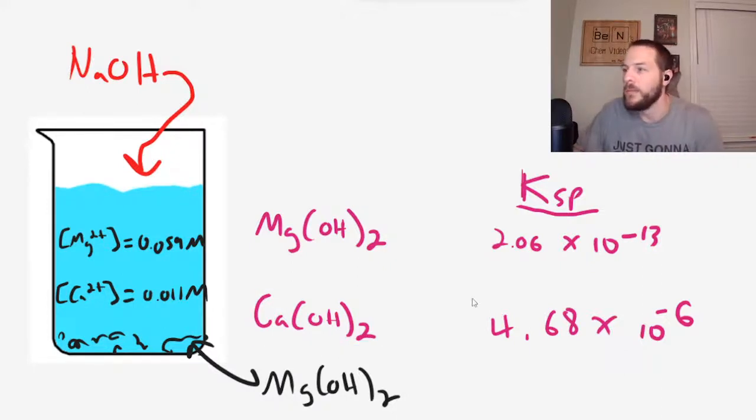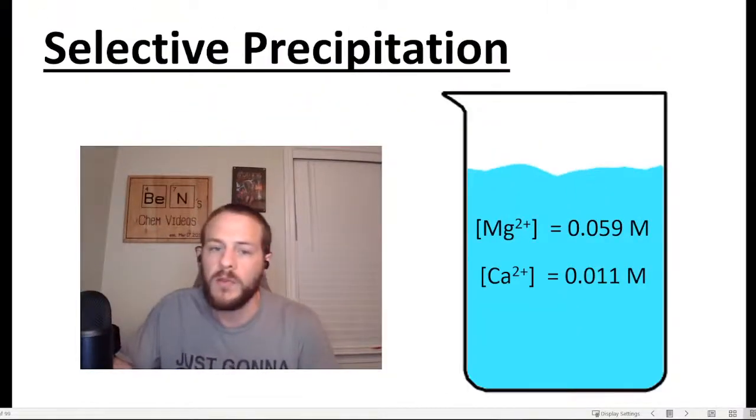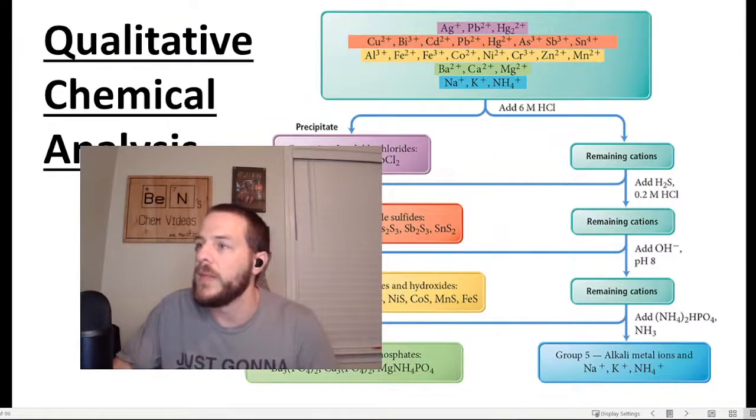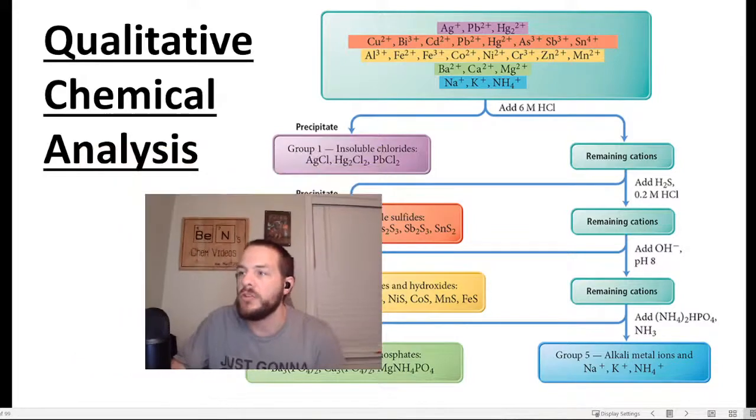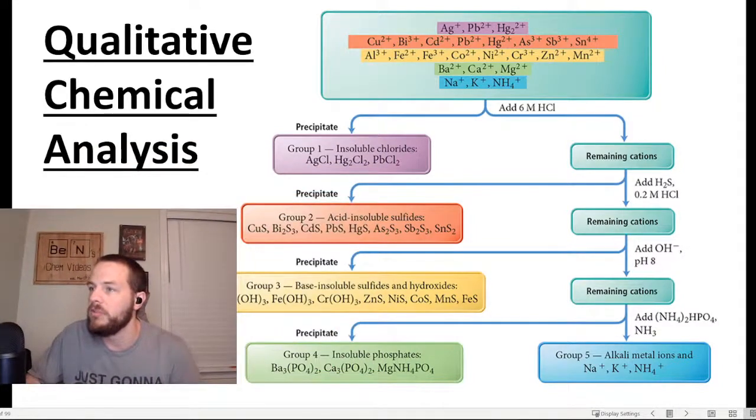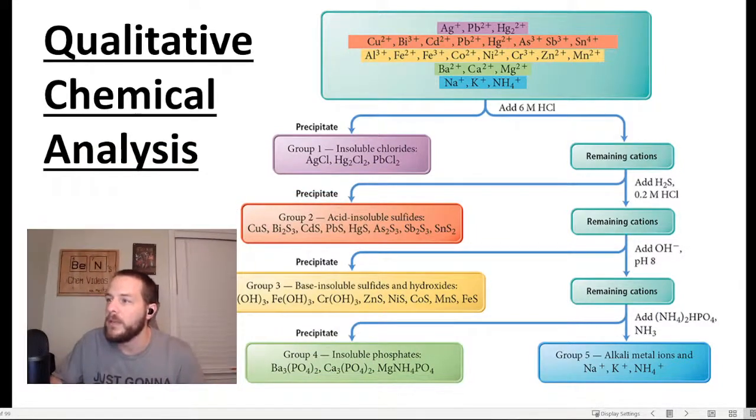So, and again, what we're doing here is we're just separating a mixture of aqueous metal cations, right? Selective precipitation, for those of you who just hopped in the stream. That's what we're talking about. And so I've got one more slide for you in this presentation. Let's see if I go back to the PowerPoint here, bear with me. Okay, so we talked about selective precipitation, and one application of selective precipitation involves something called qualitative chemical analysis.